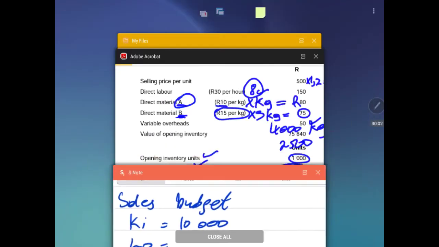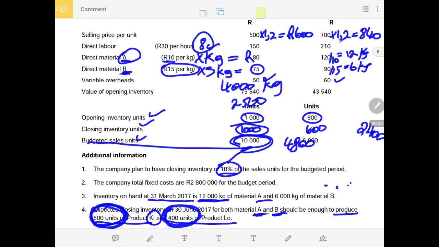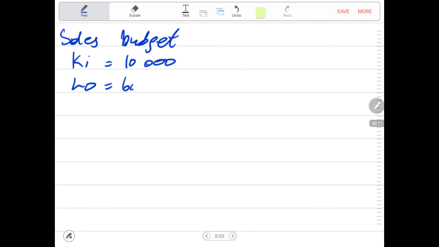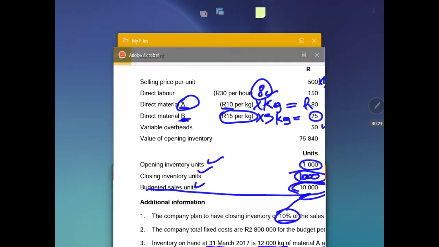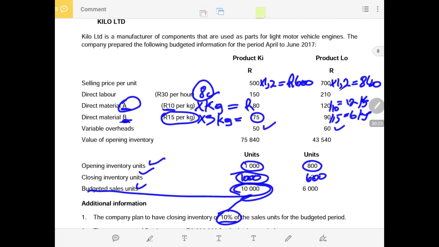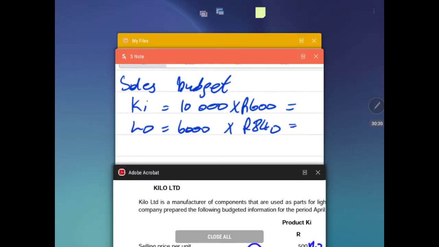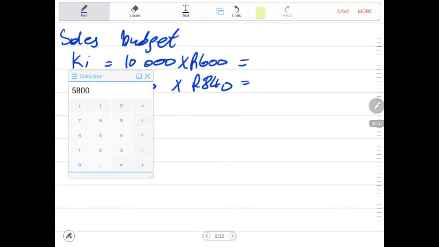And the second one, we expect to sell how many units? 6,000 units, at a price of 600 and at a price of 840. I hope you still remember these numbers, because our selling price went up by 20%. So this will be the new prices.